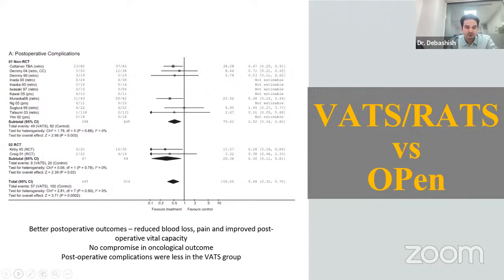So when we see the outcomes, we see that there is reduced blood loss, better pain control, and improved post-operative vital capacity when we talk about robotic versus video-assisted thoracoscopic surgery, although the oncological outcomes are totally the same in both approaches.